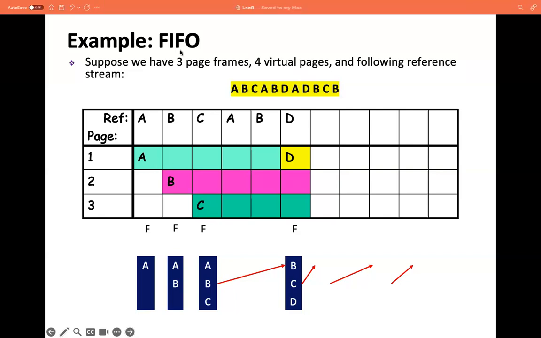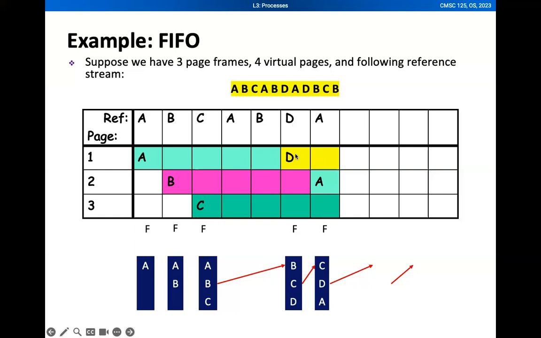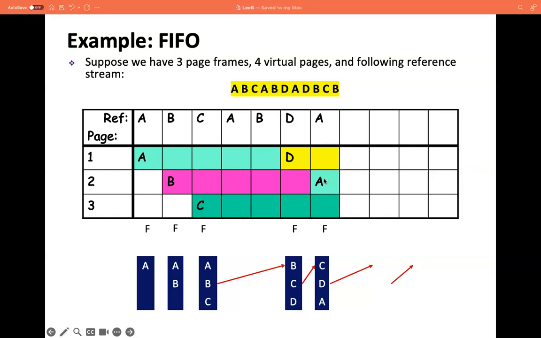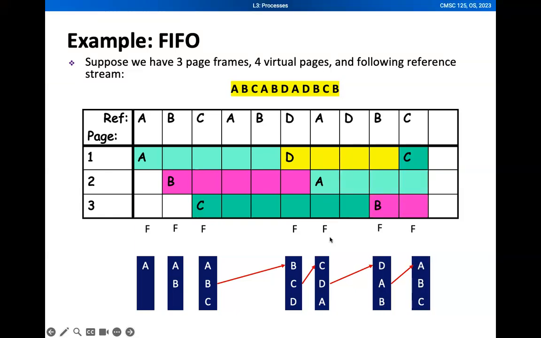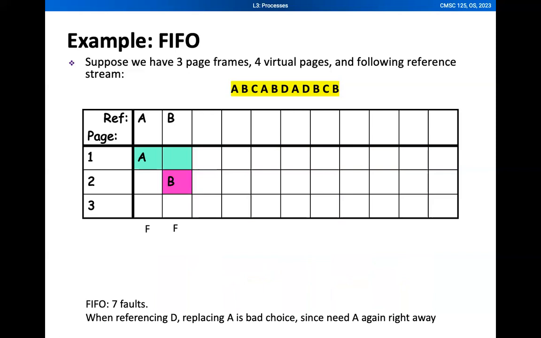The FIFO mechanism is that the new page will be replacing the first one that was loaded, and that was A. However, it was a bad choice because as you can see, A was used again. So we recently just replaced A, which means that another page fault occurs. So FIFO is a bad choice.